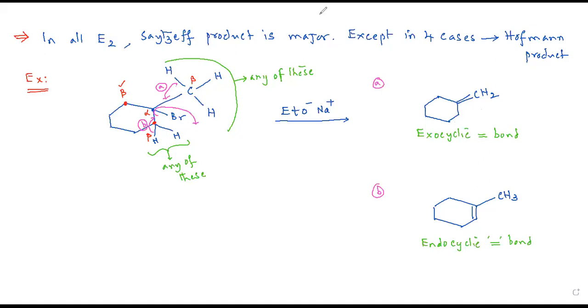In general, the endo is more stable when compared to exo. Of course, the reason is again the same basic one. Check out the hyperconjugation or check out the substitution.